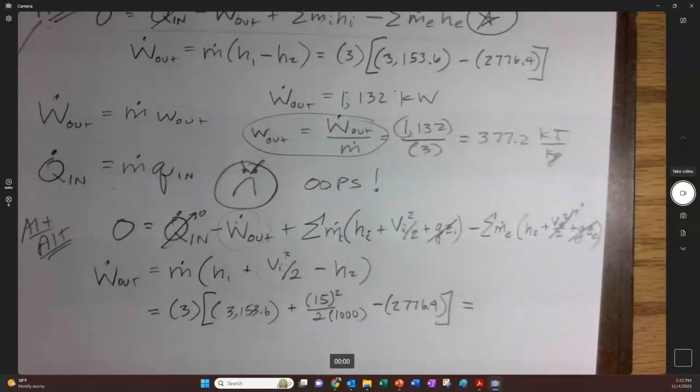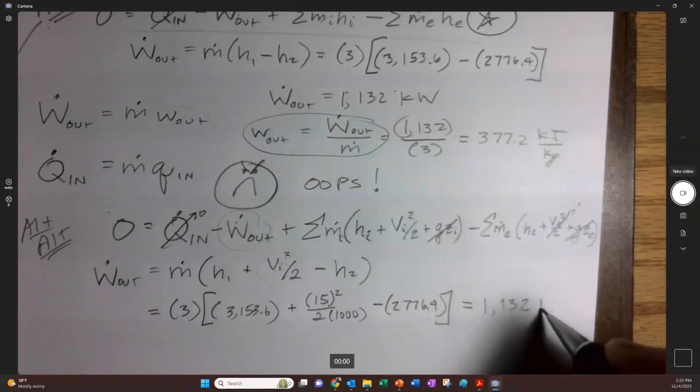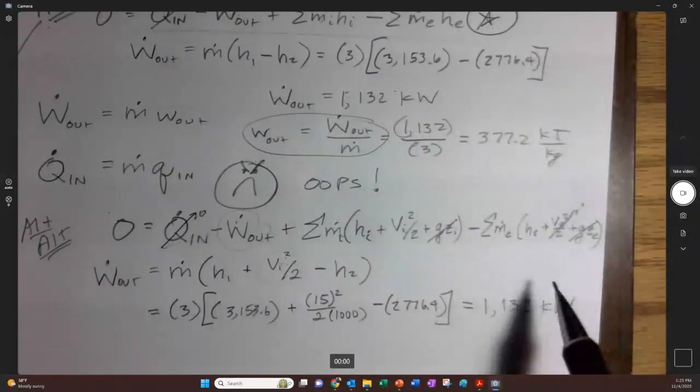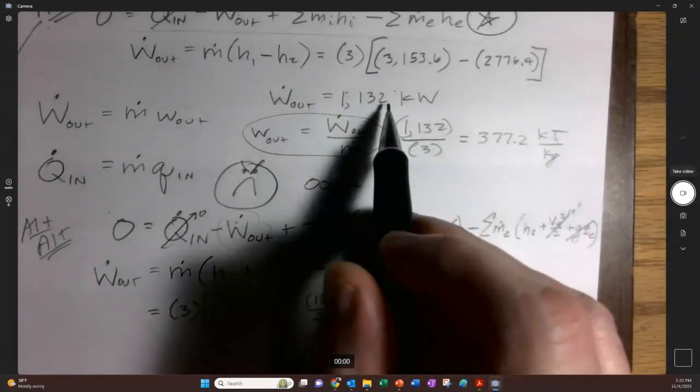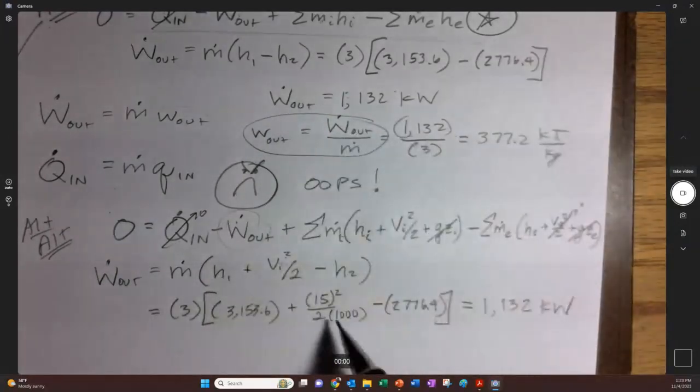Really we're just going to do 15 squared divided by 2. That's still only 112.5, but we have to divide that by 1,000. And then add it, boom. So we get 1,132 again.